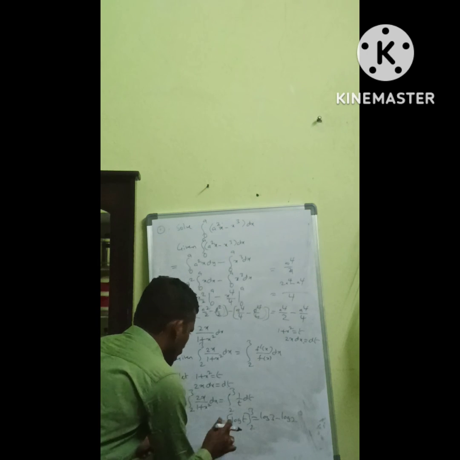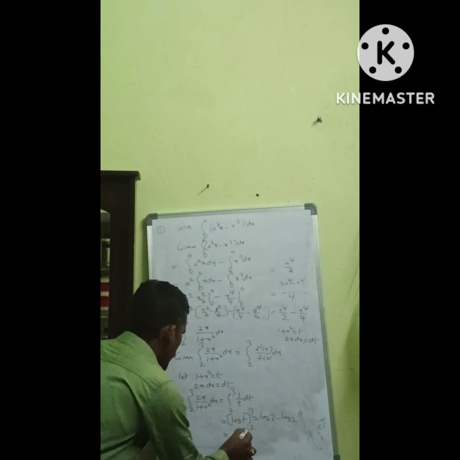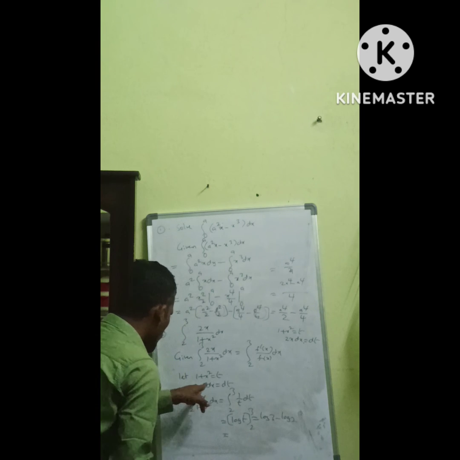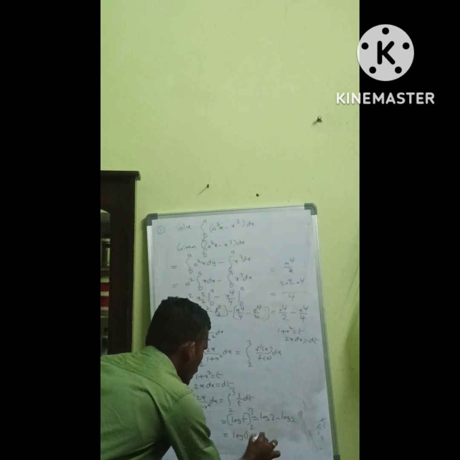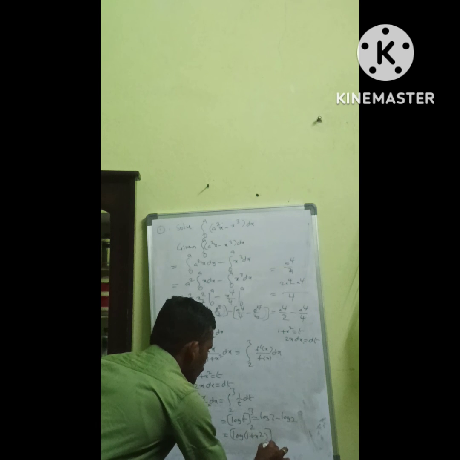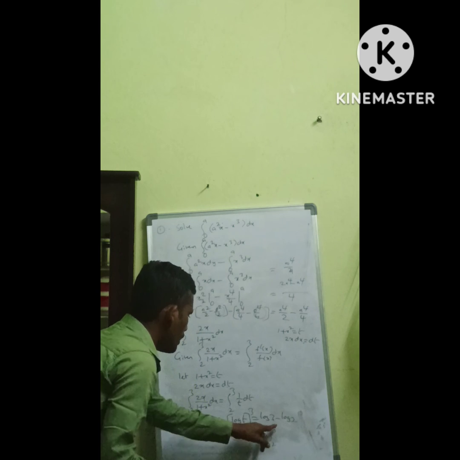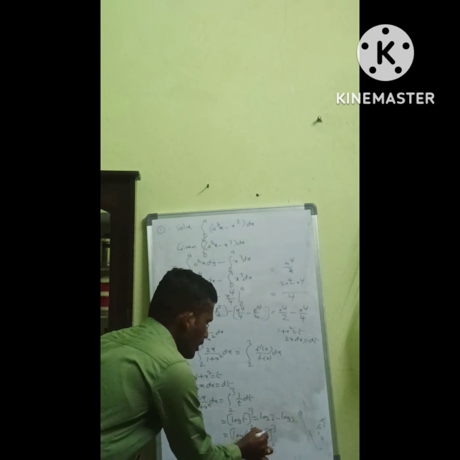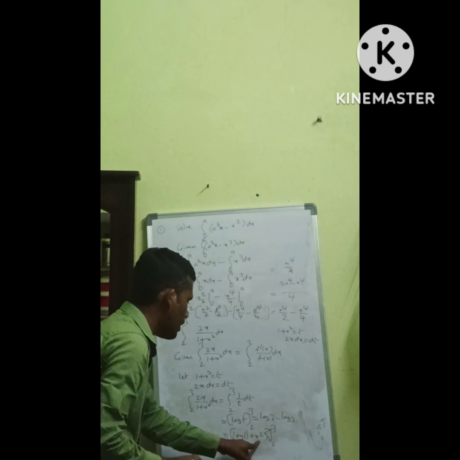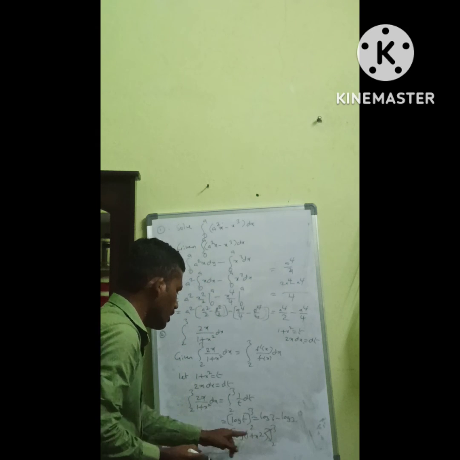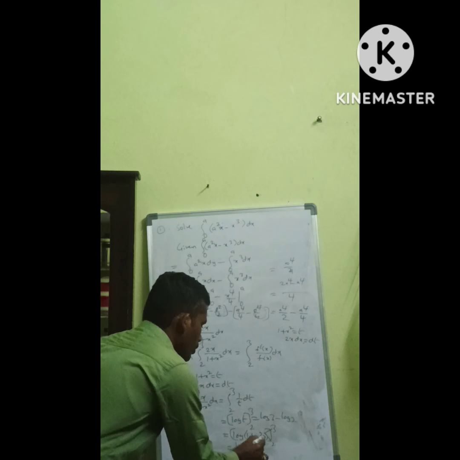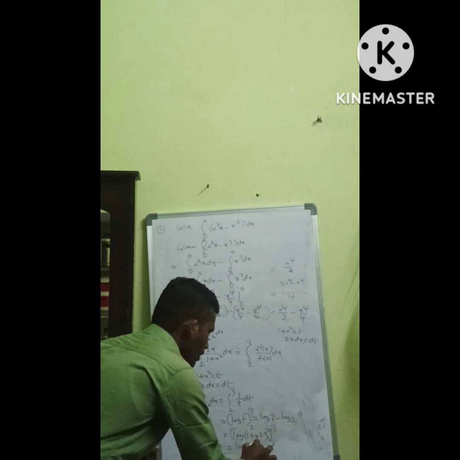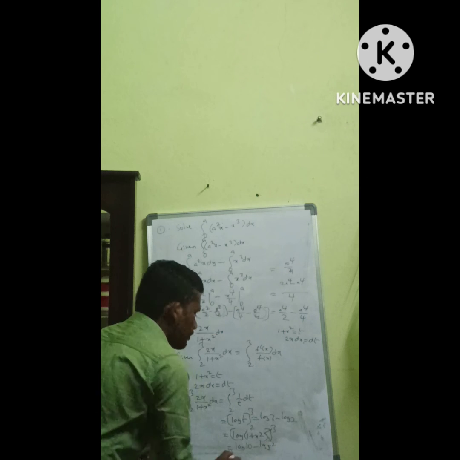Here log t, after t we are taking what we took here, 1 plus x square, and after that you have to substitute 2 to 3. So upper limit 3 minus lower limit 2: 3 square is 9, 9 plus 1 is 10, so this is log 10, and 2 square is 4, 4 plus 1 is 5, so log 5.